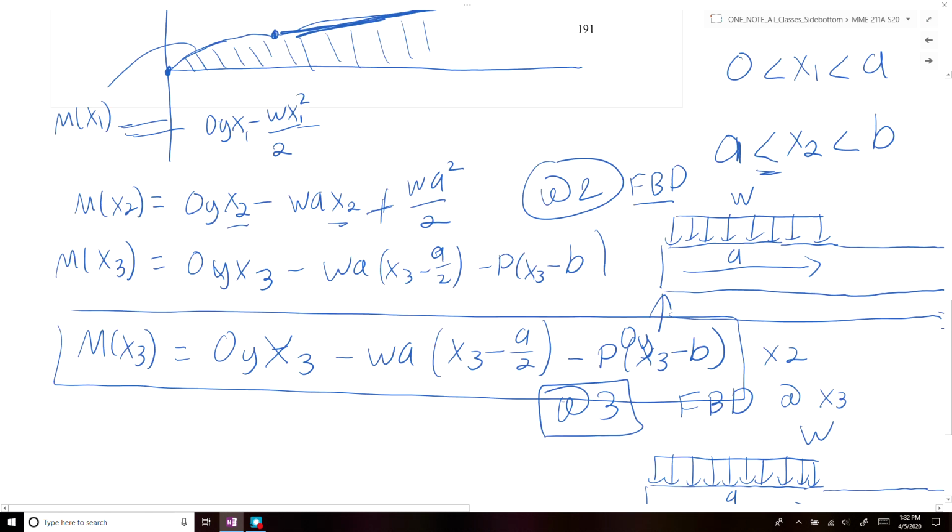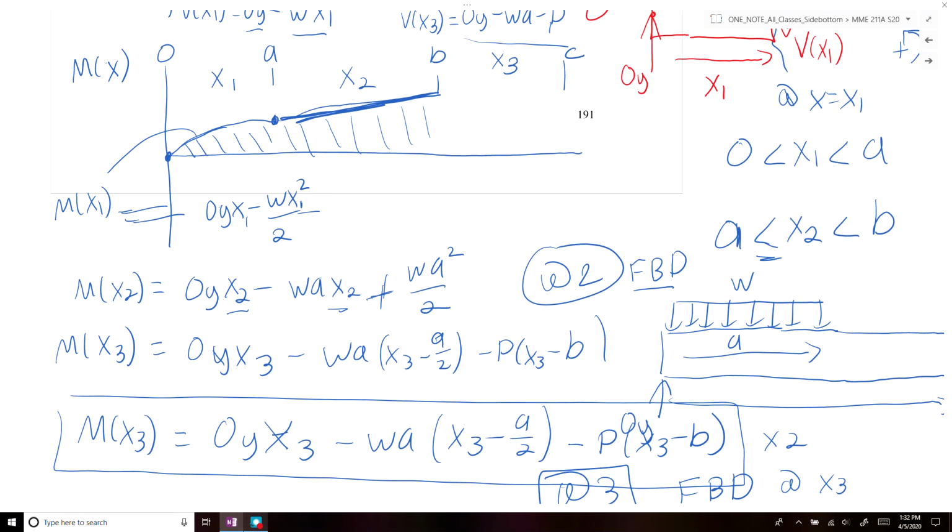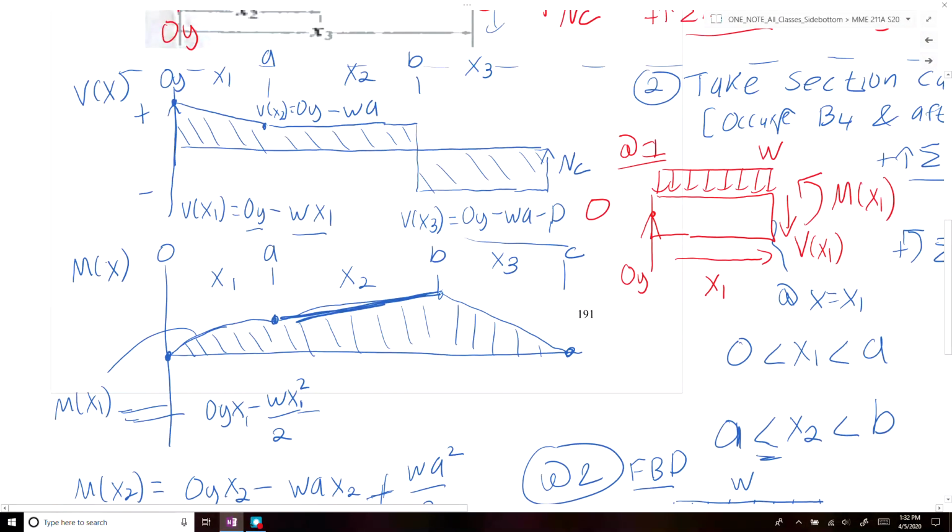So that is again going to be, the largest power we have is 1, so it's just going to be a straight line again. So we're going to just have a straight line down and ending at point C. All right, so those are our two diagrams, our shear diagram and our moment diagram.